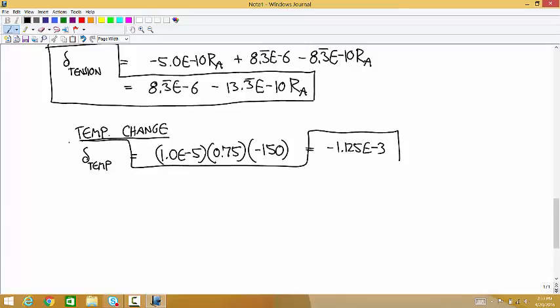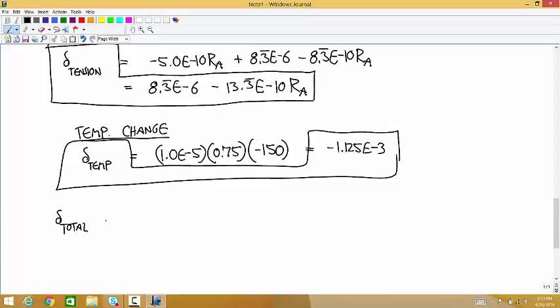So now we have the two pieces. And so the total elongation is 8.3 repeating times 10 to the minus 6 minus 13.3 repeating times 10 to the minus 10 RA, minus 1.125 times 10 to the minus third, and all of that has to add up to be equal to 0.